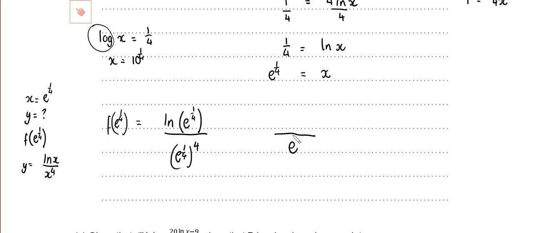Yes, it's 1, you're right. The natural logarithm of e is, if we said that was x, then we would be saying that e to the power of x equals e, so therefore x must be 1.